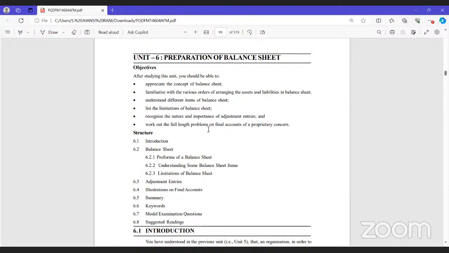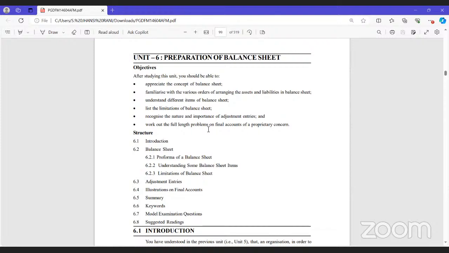In the profit and loss account, we understand the expenses that are indirectly related to the sales and the incomes the organization is earning, and that gives the net profit. This net profit is transferred to the balance sheet, that is, to the capital account.